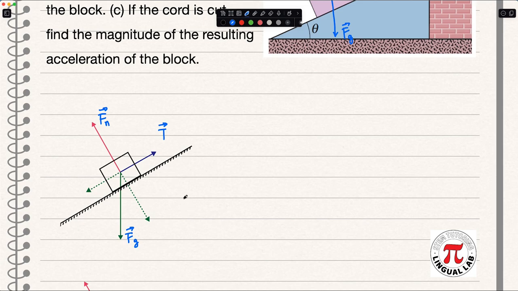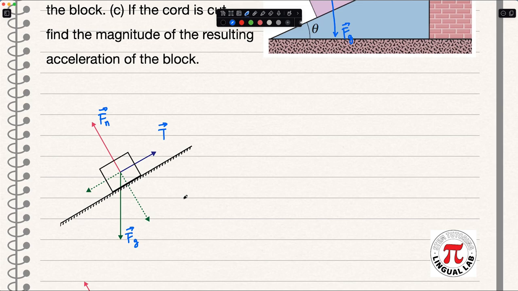First, we're going to separate the axes, but not the typical XYZ coordinate system. We're going to separate them along the cord direction, or along the inclined surface, and perpendicular to the surface.